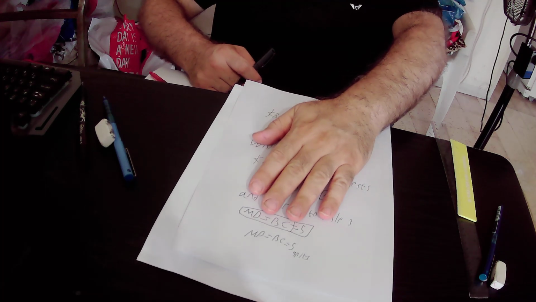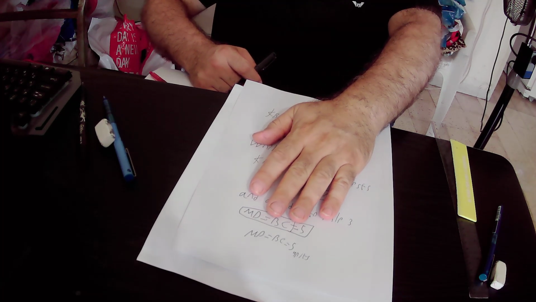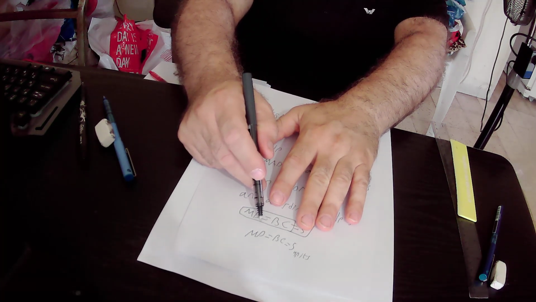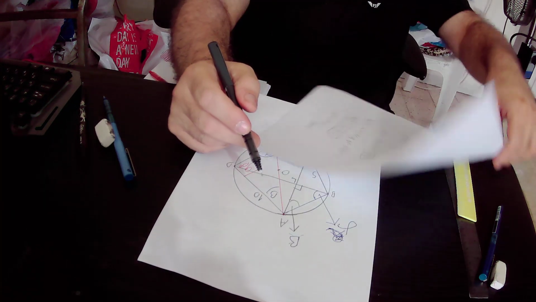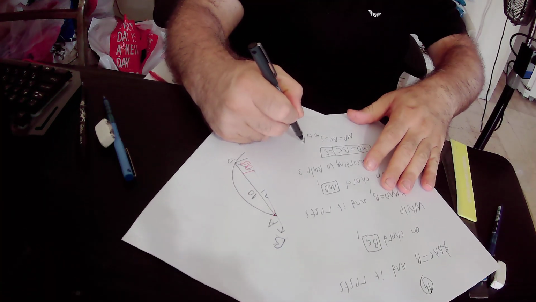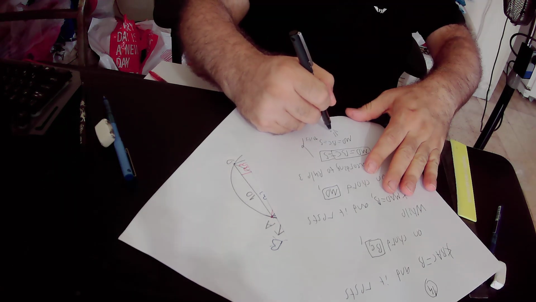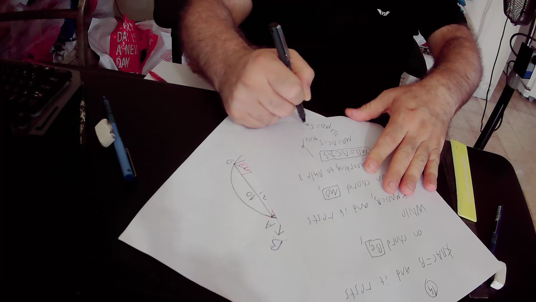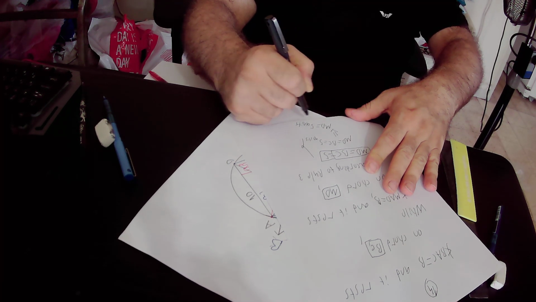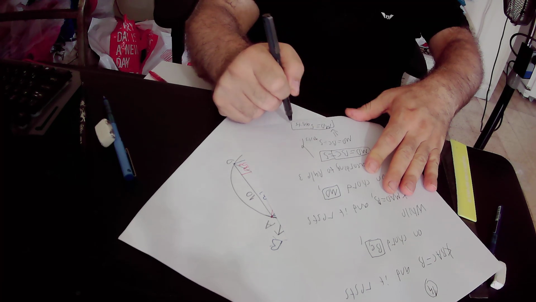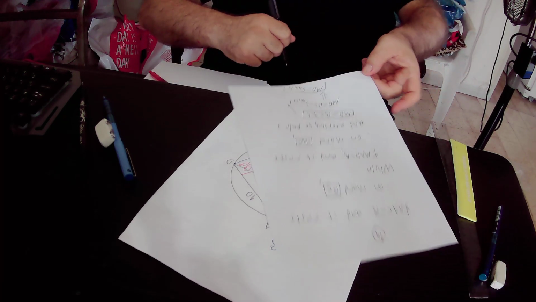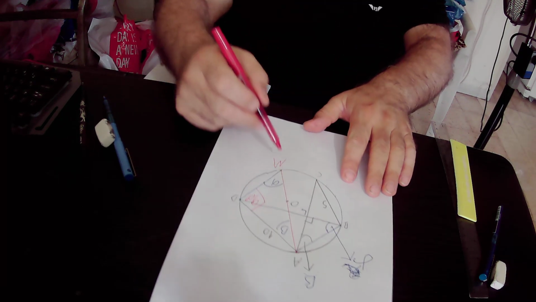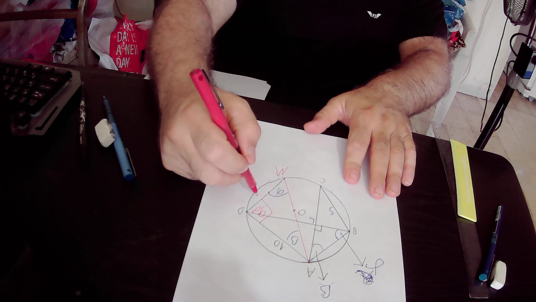So we can deduce from this equality that MD equals 5 units. We can write here that MD equals 5 units.